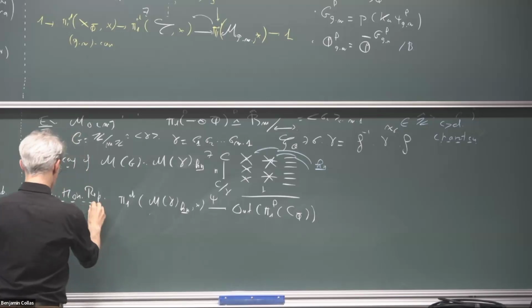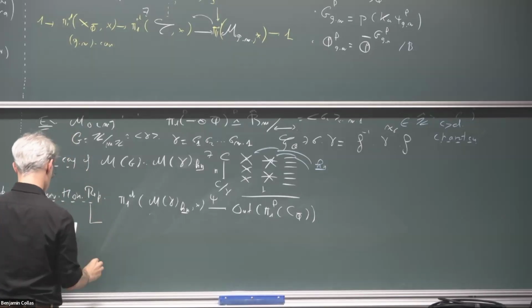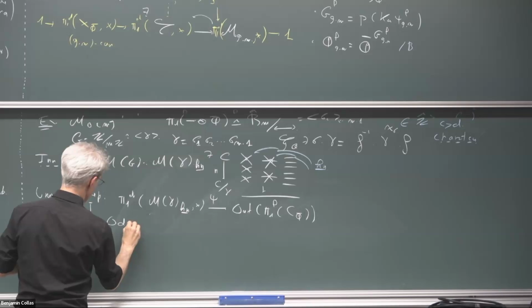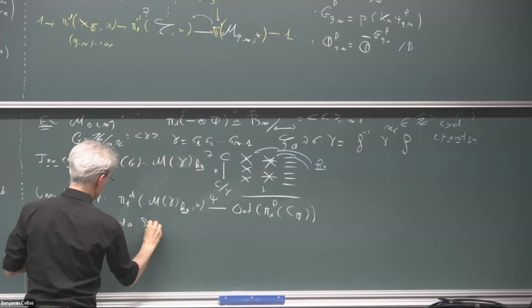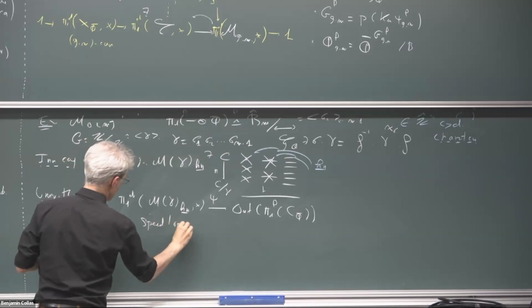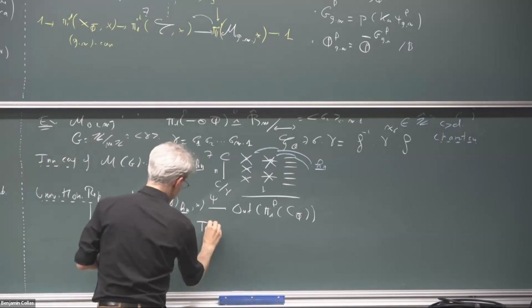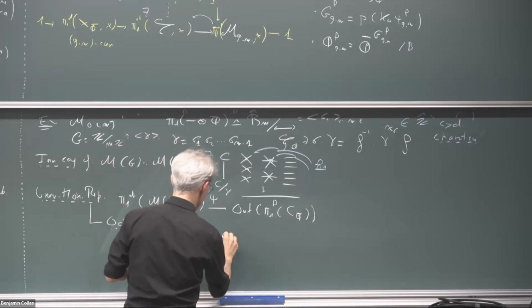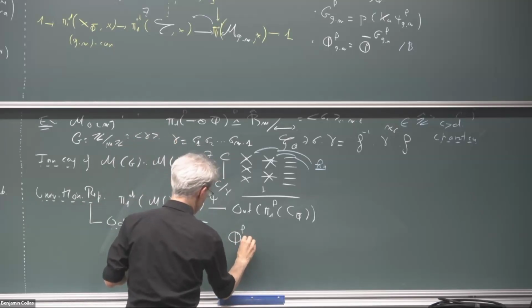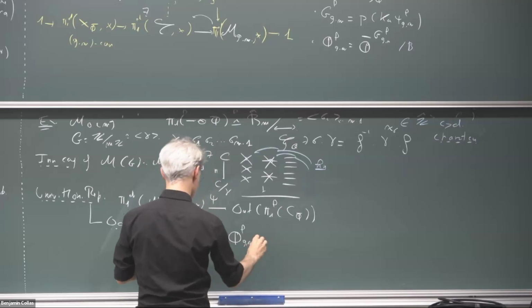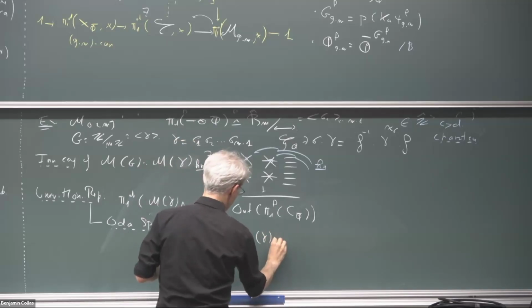I can also define the question of other special loci, which is, you can guess, the field Q^L, G, M, gamma, Kr.